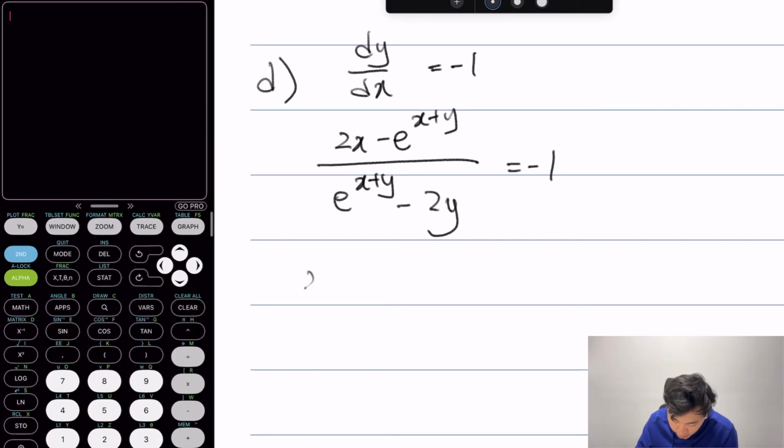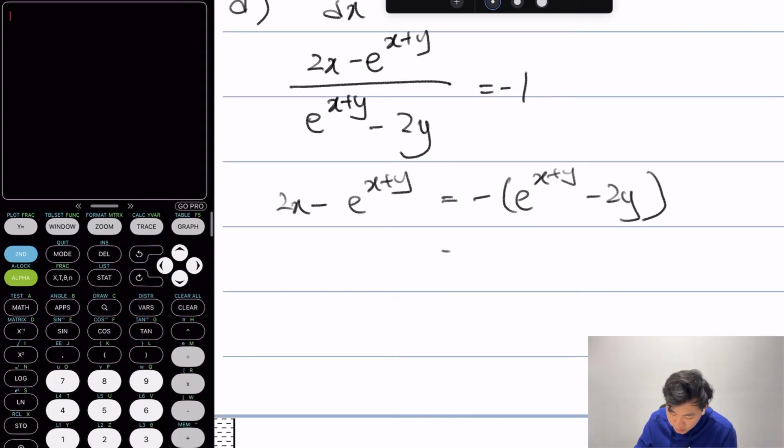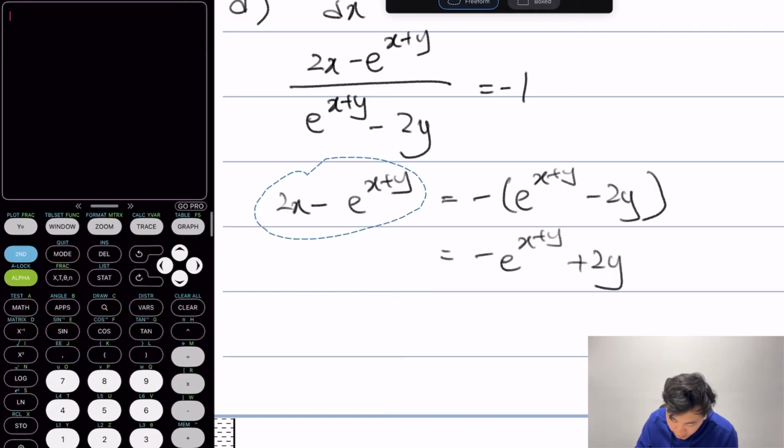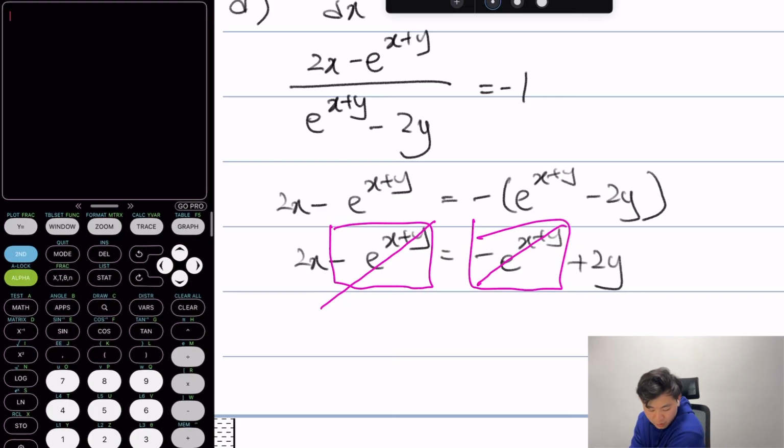You move things over, you're going to have 2x minus e to the power of x plus y equals negative e to the power of x plus y plus 2y. So if you separate a little bit, then you can actually cancel two things out, this one and this one, because they are the same. Now you reach the conclusion of 2x equals 2y, which means x equals y, okay?